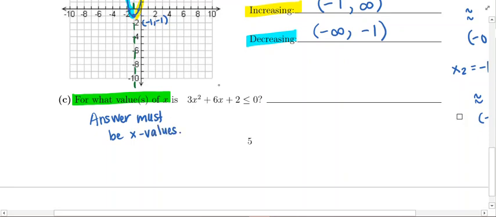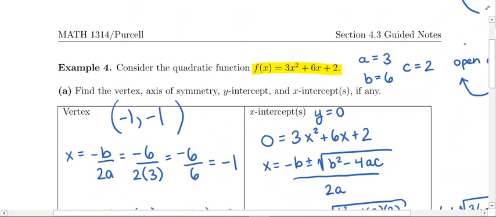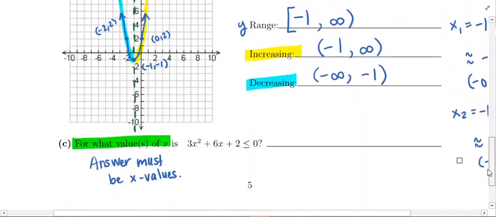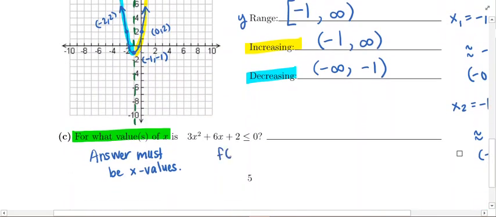When you look at this, 3x squared plus 6x plus 2 is the original function. If you go back and look at this yellow statement, 3x squared plus 6x plus 2 is f of x. This inequality is saying, when is f of x less than or equal to 0? If you translate, this means when is y less than or equal to 0?